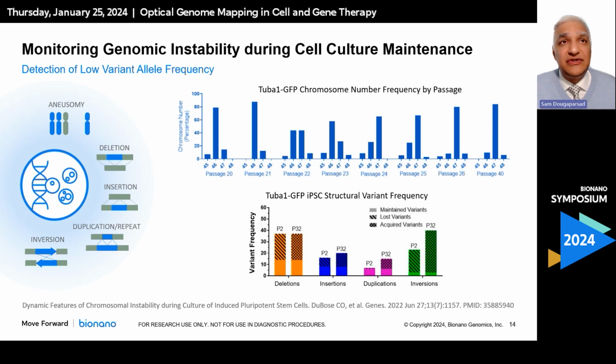From passage 20 to passage 40, for instance, you can clearly see the evolution of that cell line towards aneuploidies. But it's not only that. We can actually detect with OGM much smaller events. And the bottom plot actually shows just that: deletions, insertions, duplications, and inversions at every single step of the production of this cell line.